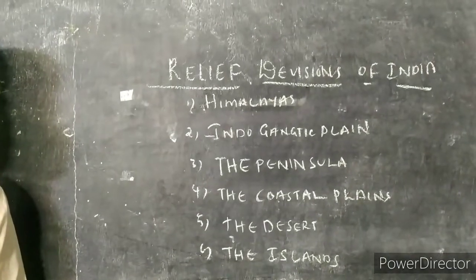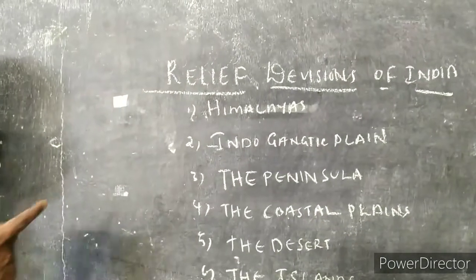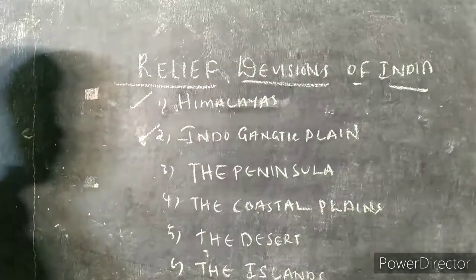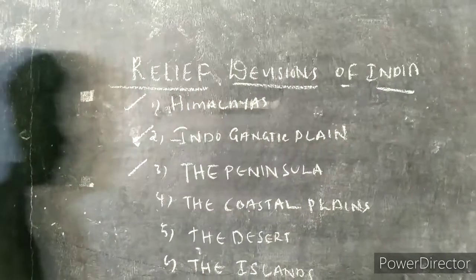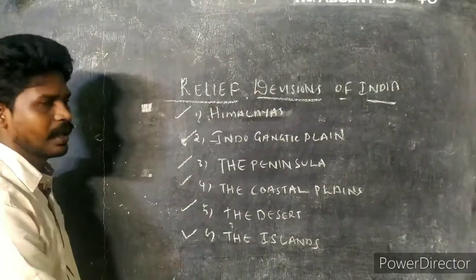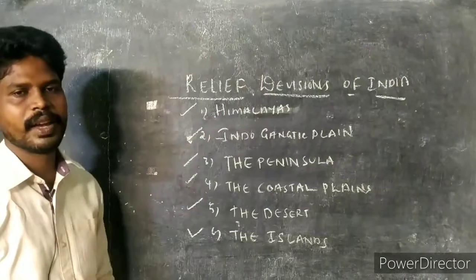So now we have seen completely the major relief divisions of India. The first we completed was Himalayas, second Indo-Gangetic Plain, third Peninsula Plateau, fourth coastal plains, fifth desert, and the last one islands. These are the major relief divisions.